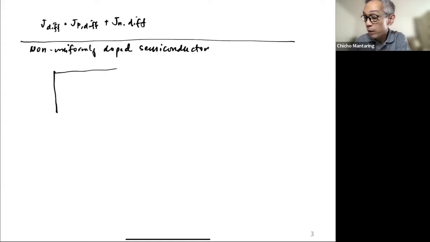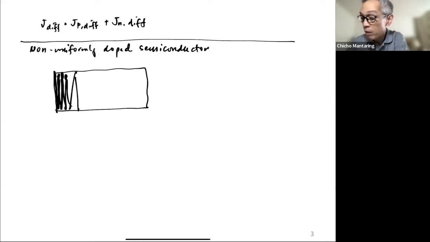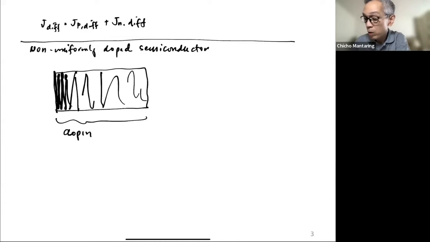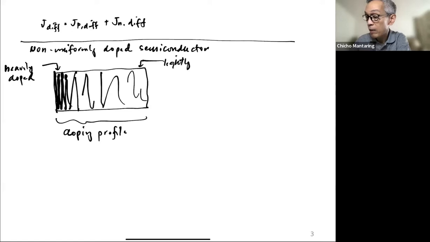So we're talking about, for example, if this is your solid, if you take a look at the doping, this is the doping profile. Here it is heavily doped, and here it is lightly doped.